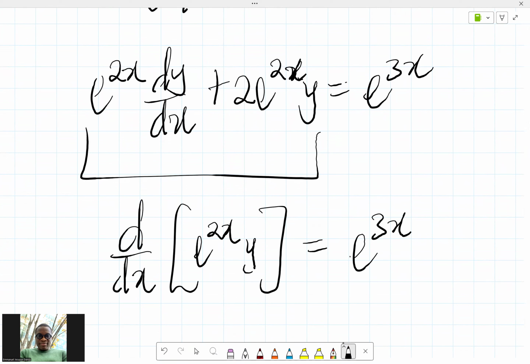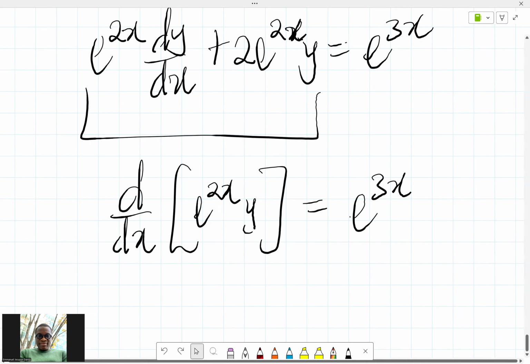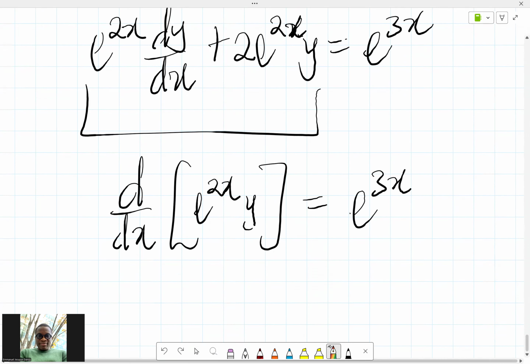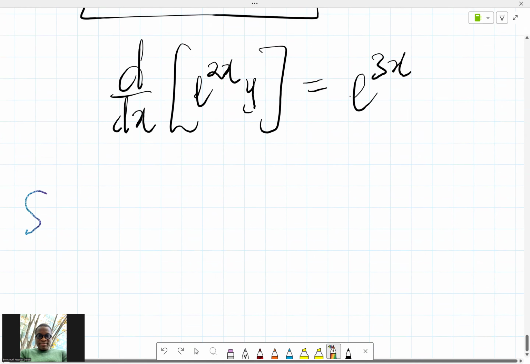If you differentiate d/dx of e^(2x) y, keeping y constant, you differentiate e^(2x) and get 2e^(2x). And then the other side, e^(2x) is kept constant, and differentiating y you get dy/dx. So that's perfectly correct.